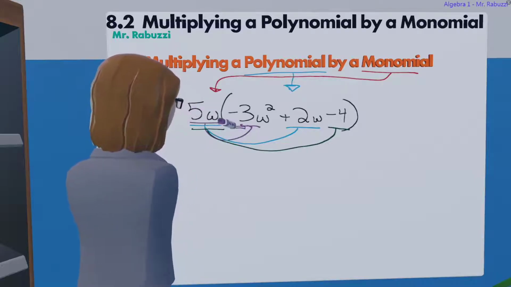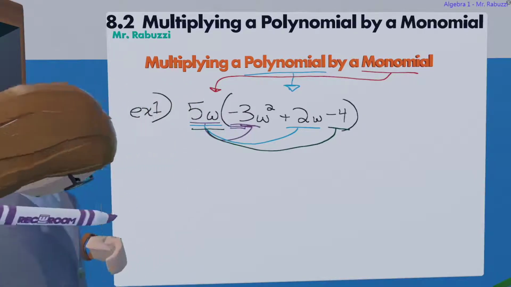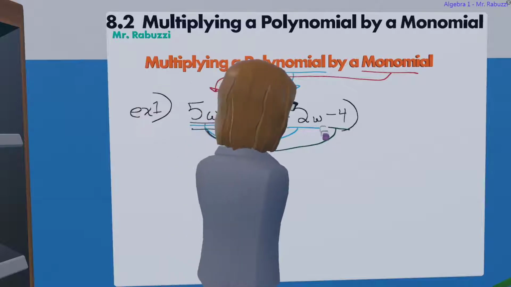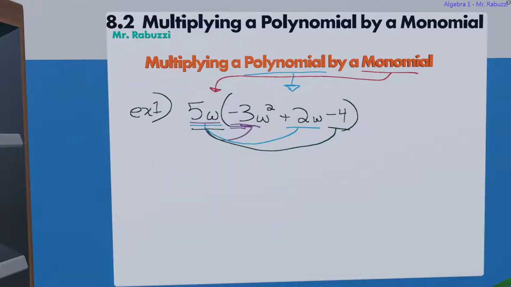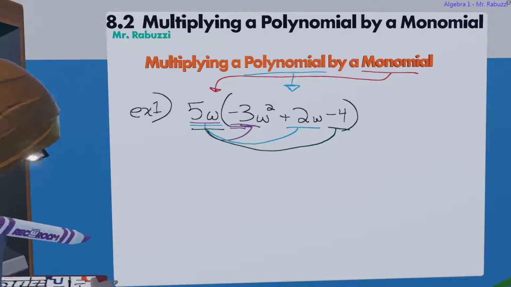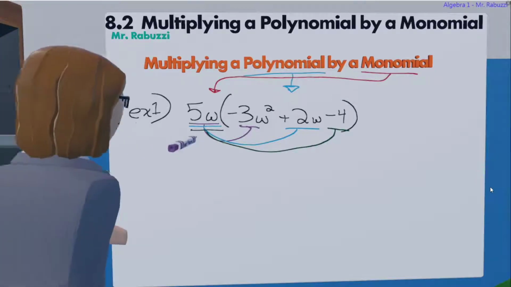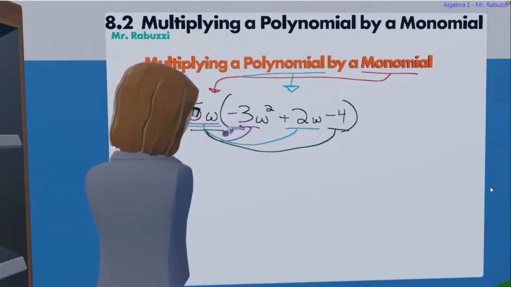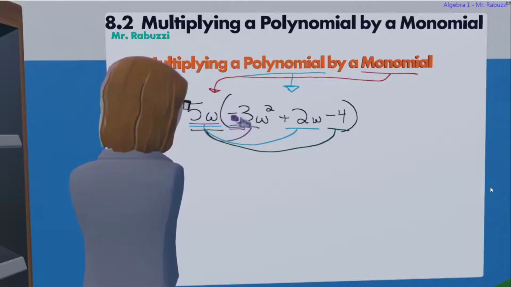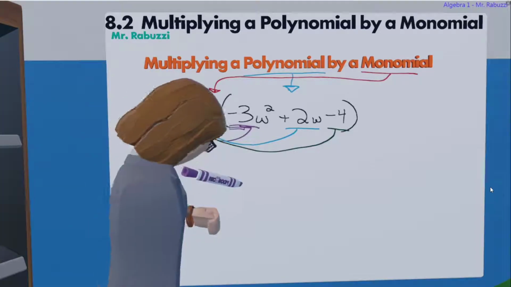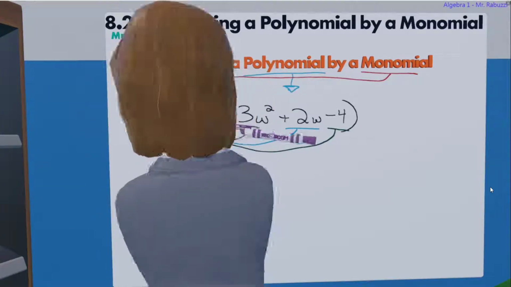Oh, don't want to forget that when it's a negative term like this, you have to include the negative. So the negative 3w squared is part of what we're multiplying. Just like this negative 4, the negative is included too. So be careful with that. Okay, let's get back to 5w. 5w, we're including the negative with the 3w squared.